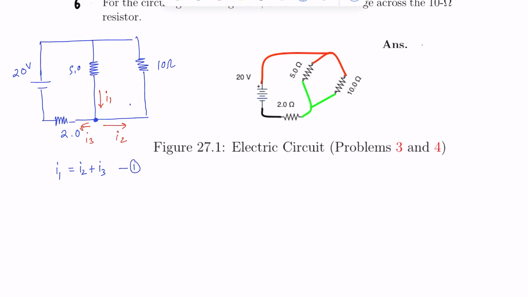Now I do this. In here I'm going to be going in the clockwise direction. Here also I'm going to go in a clockwise direction. This is the sense of rotation, how I will be picking up each element in this loop.